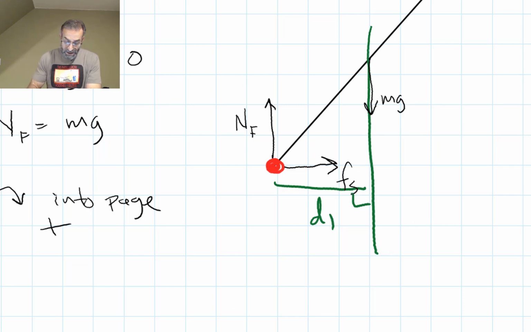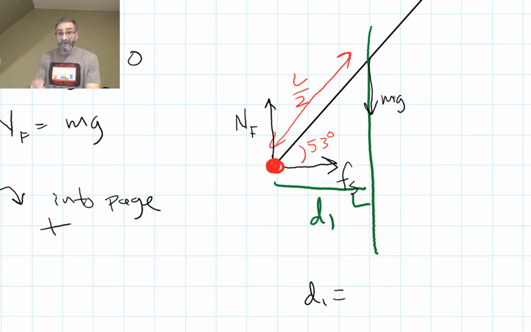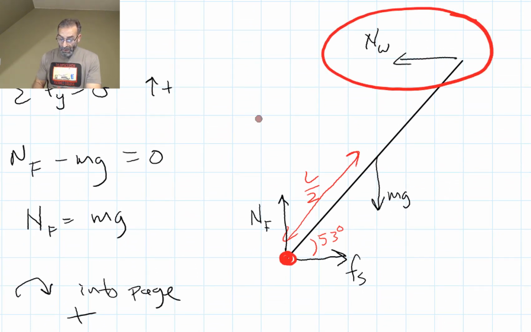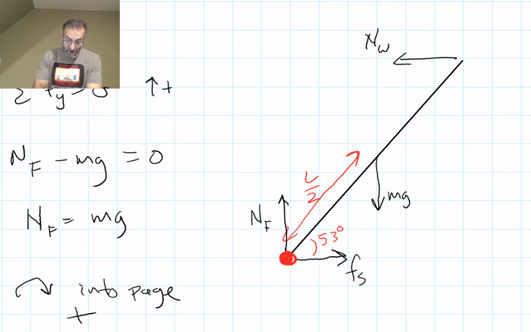And I can figure out what that is because I know this distance is L over 2, and I know this angle is 53 degrees. So d1, the lever arm for the weight of the ladder, is equal to L over 2 times the cosine of 53 degrees. Now I look at the next force I have that's creating torque, and that's the normal force from the wall, and it's causing torque in the negative direction, and its lever arm is this distance here.